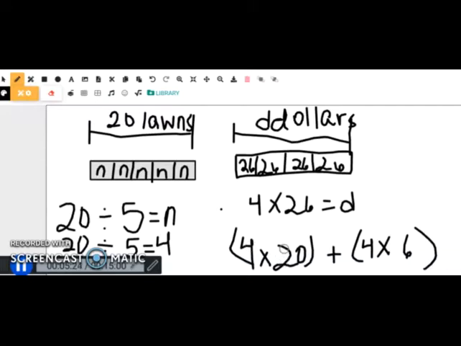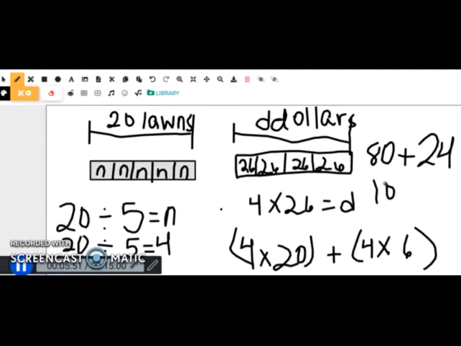I know that 4 times 2 is 8. So then all I have to do is add my 0 to the answer to get 80. So 4 times 20 is 80. And then I have been working on my facts, and I know that 4 times 6 is 24.